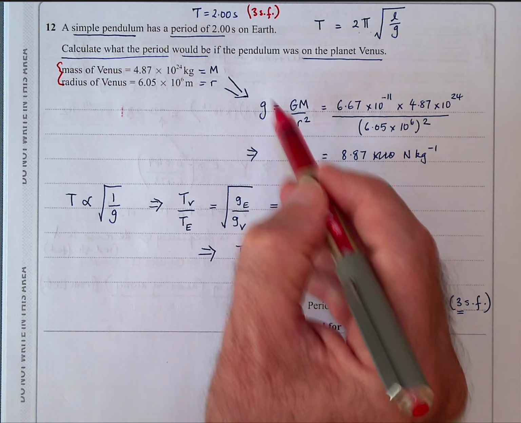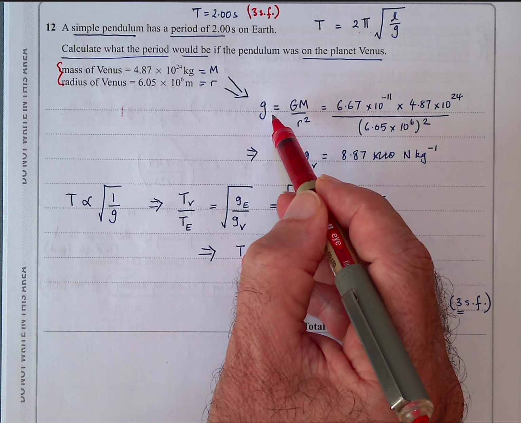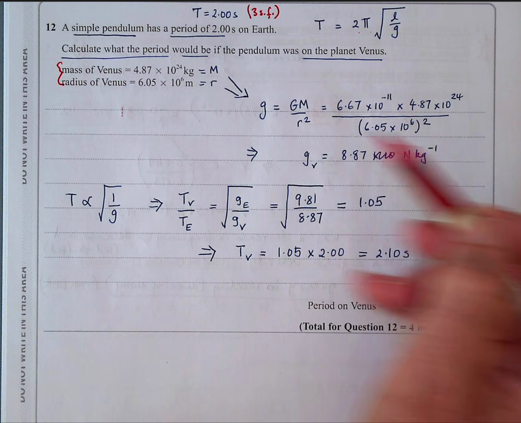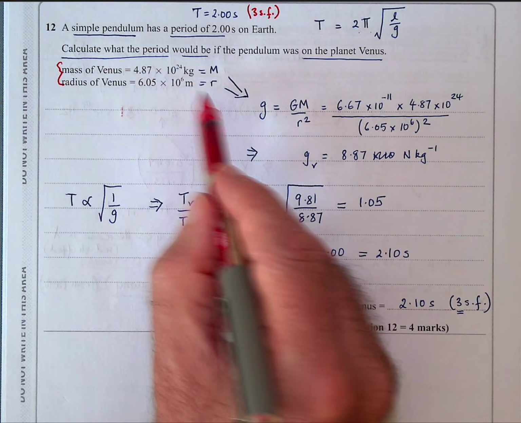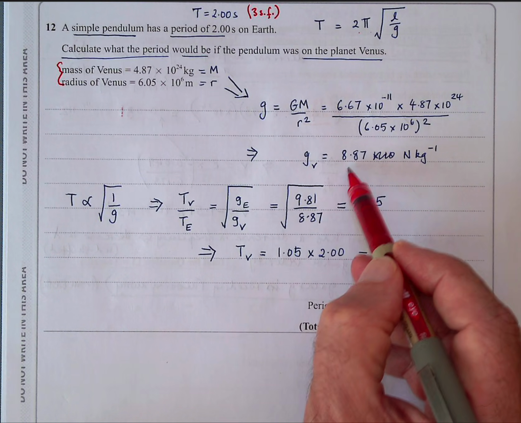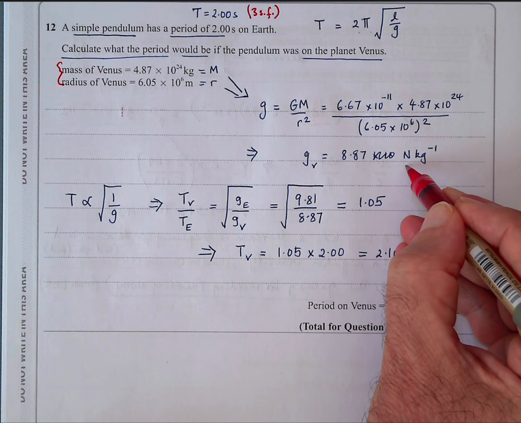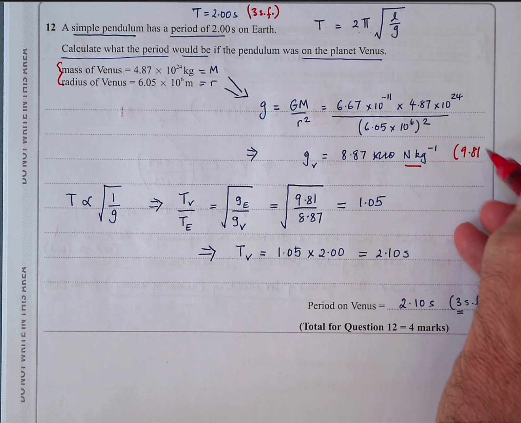The mass is given, so you can work out g for it. For Venus, given the mass and the radius, you can work out the gravity on Venus is 8.87 newtons per kilogram compared to 9.81 on Earth.